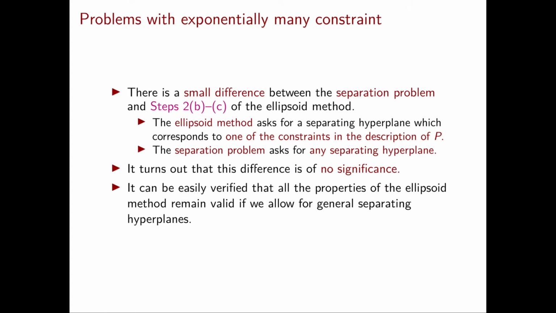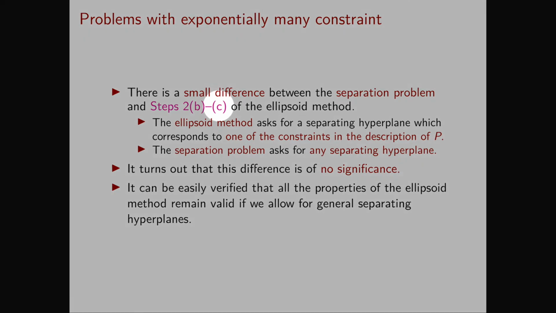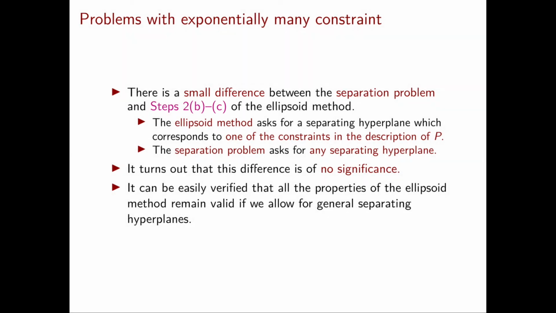It turns out that this difference is of no significance. In fact, it can be easily checked that the ellipsoid method also works in the same way if, in step 2c, we obtain any separating hyperplane instead of one among the constraints in the description of P.